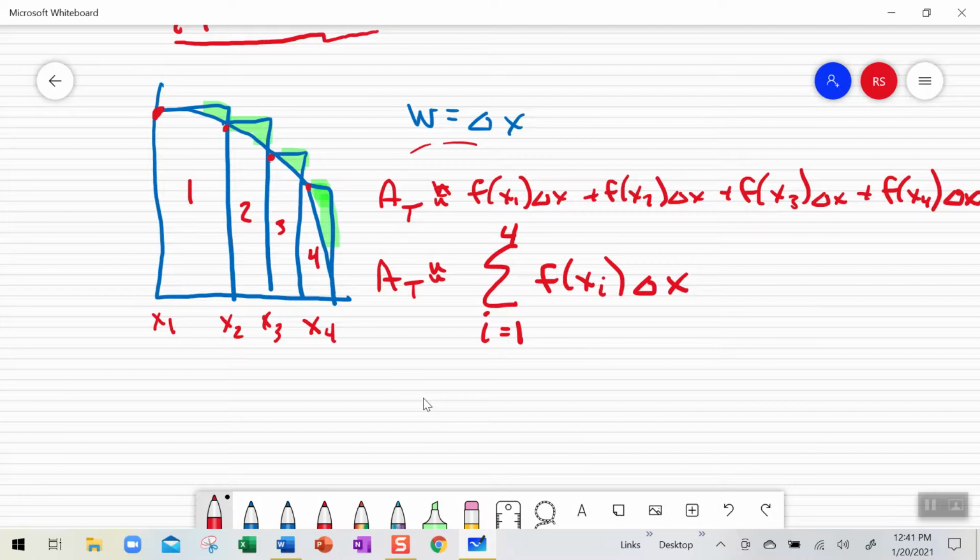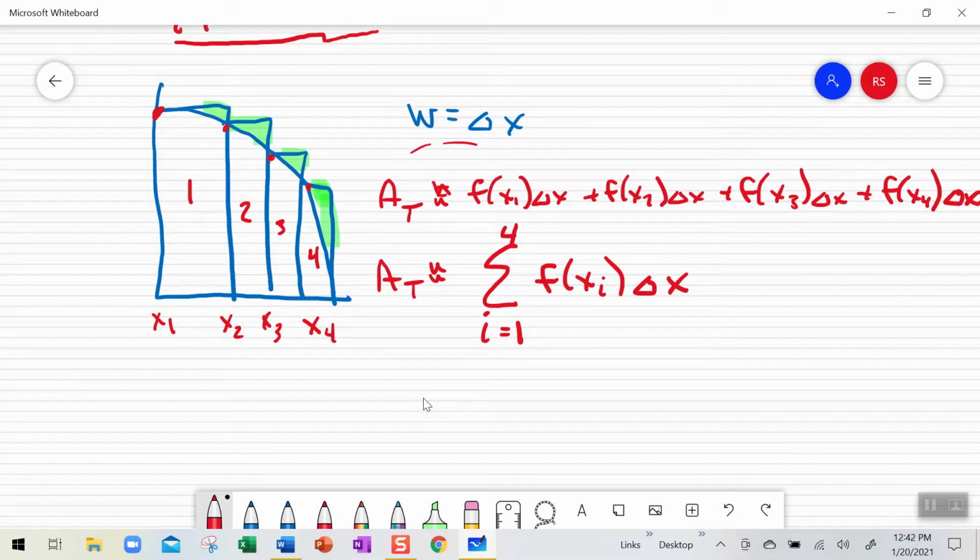Well, if we carry this thought process further and further, if using 4 rectangles to calculate the area under the curve was more accurate than 2 rectangles, then perhaps 8 rectangles or 10 rectangles would be more accurate than 4. And as it turns out, that is true. And if 10 rectangles is more accurate than 4, then 100 rectangles would be even more accurate.